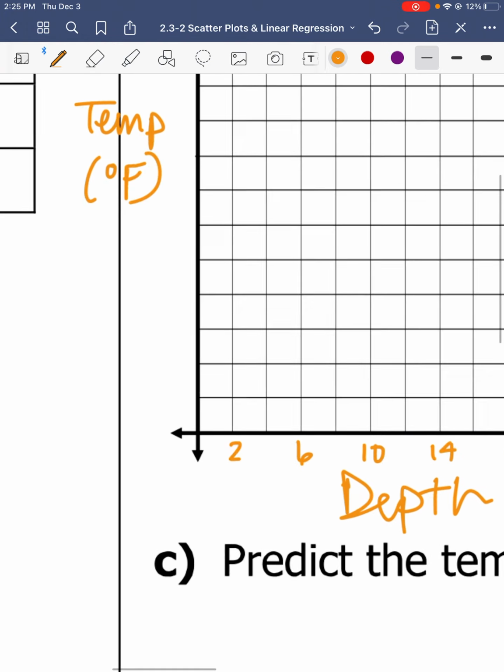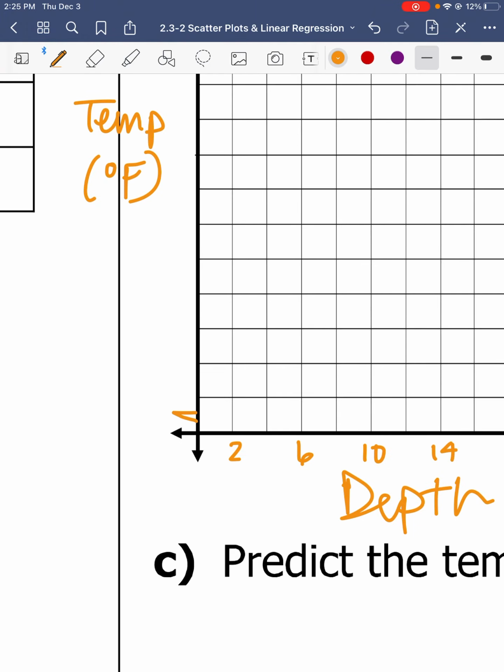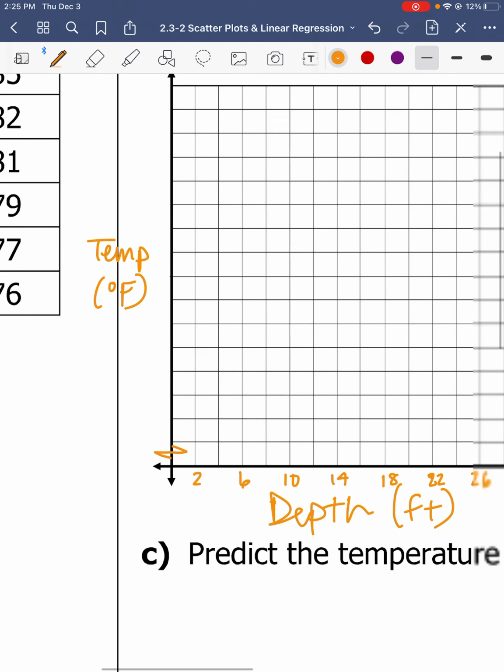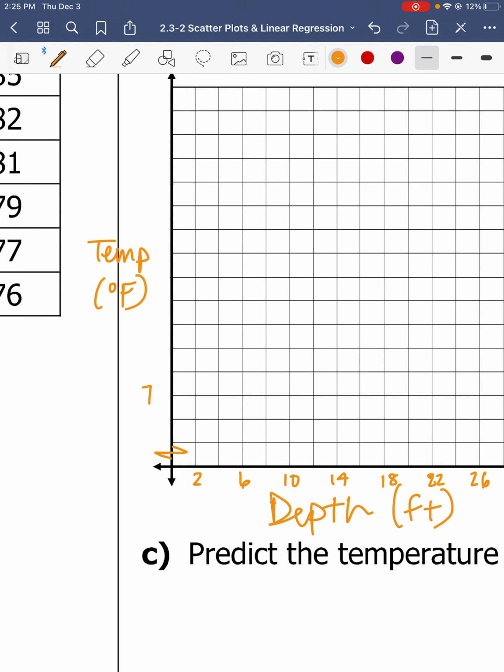So what I'm going to do here on this line is I'm going to make one of these squiggles, and that just means that there's a bunch of numbers that I'm omitting here. So I want to start this at like 70 here, and then 80, 2, 4, 6, 8, 90.